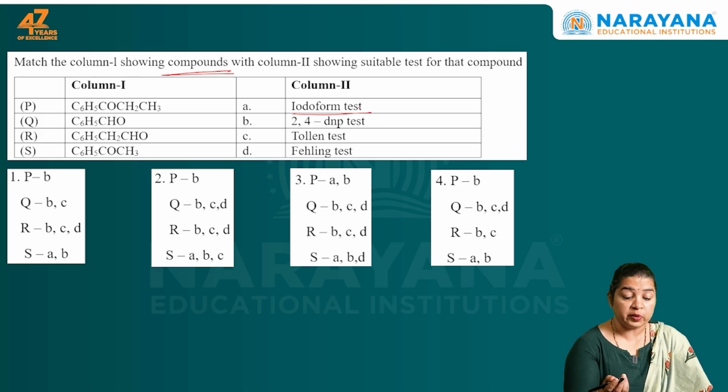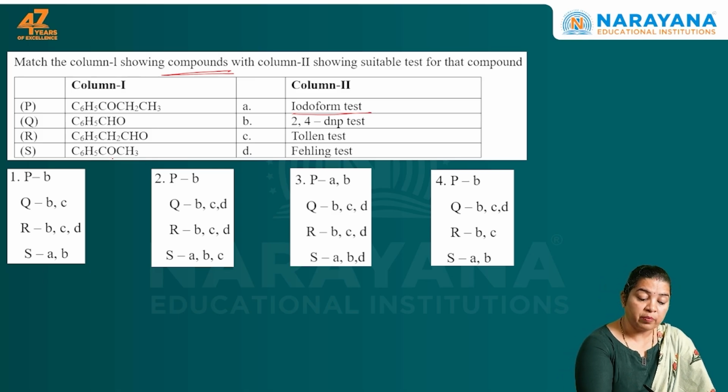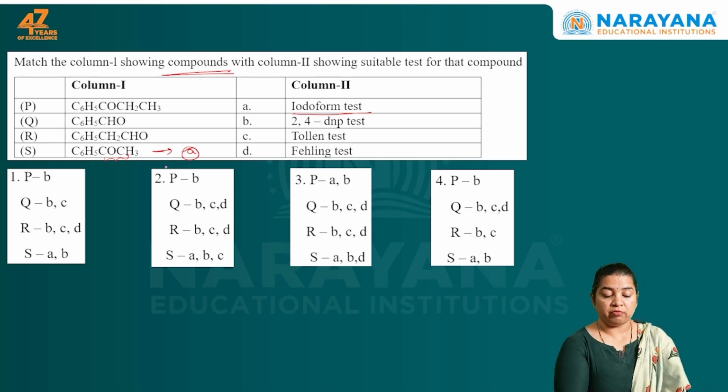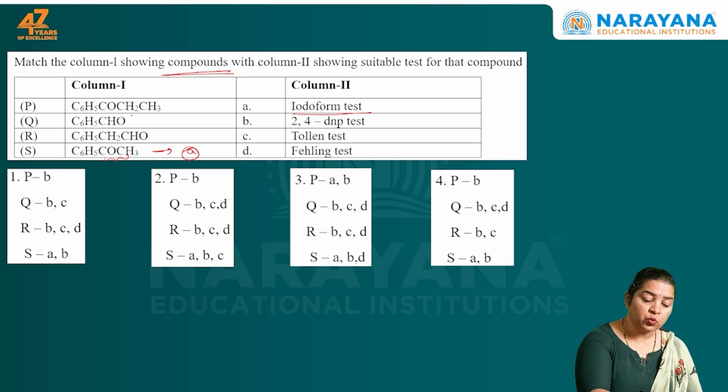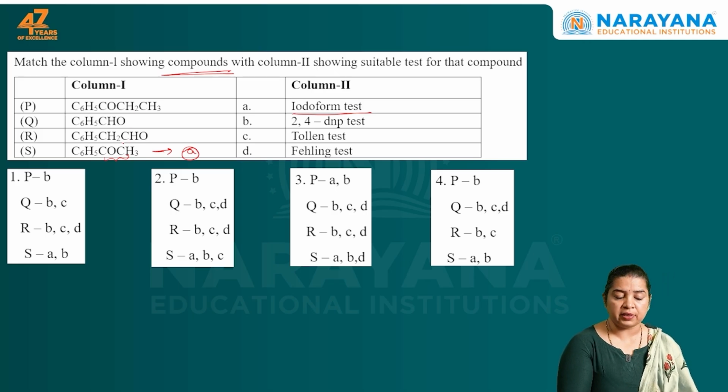Well, iodoform is a methyl ketone test. This is suitable for methyl ketone. We expect S to give choice A. Fine. Any other one that can give this test? Well, not here. So, A is matching only with S.